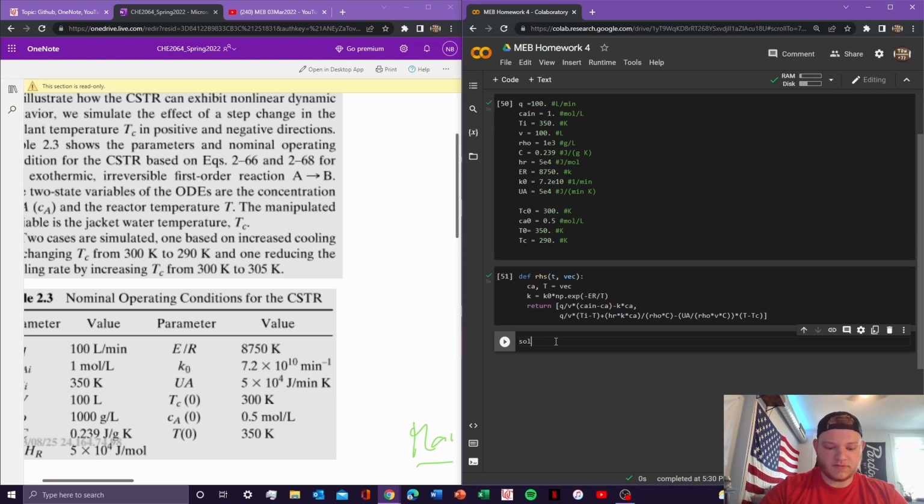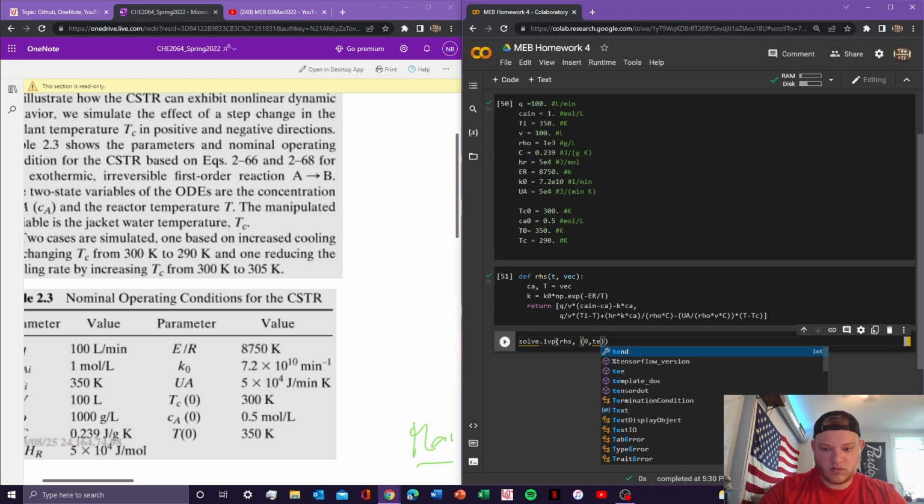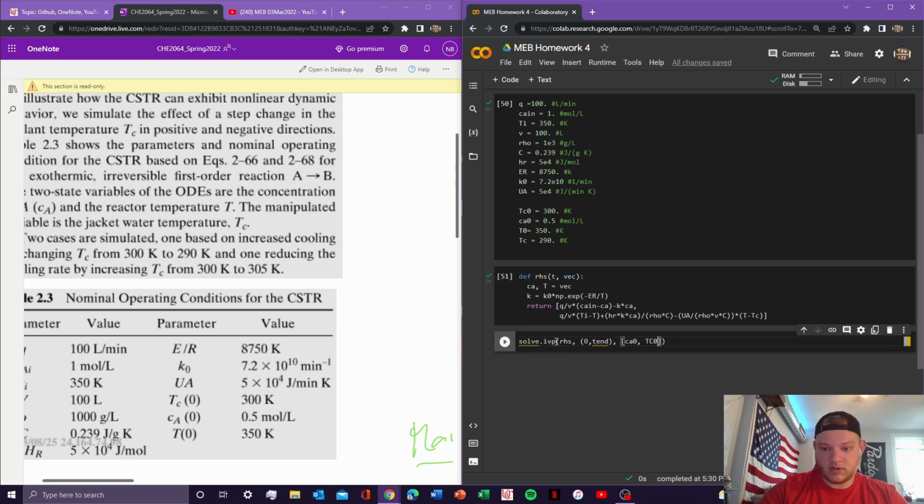We can solve those initial value problems. So we want the right hand side. It's starting at 0 to T end. Our array, our values are CA initial values and temperature initial. We just want this initial, we don't want the other one. What do we want?